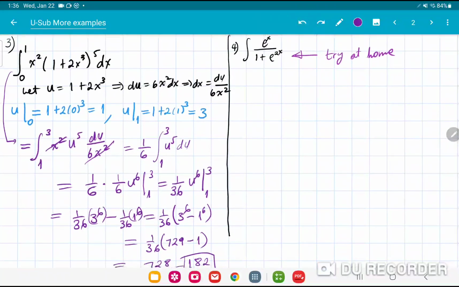This example, I just want you to try it at home before I look at it on Thursday. It is a little bit tricky, but it's kind of like a challenge. I want you to challenge yourself to try it, and then I'll give you the integral on Thursday.